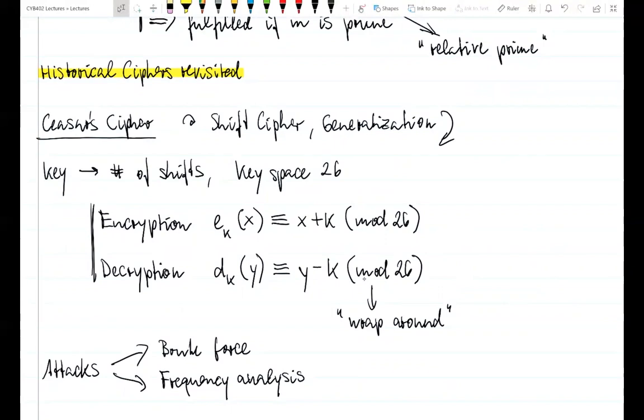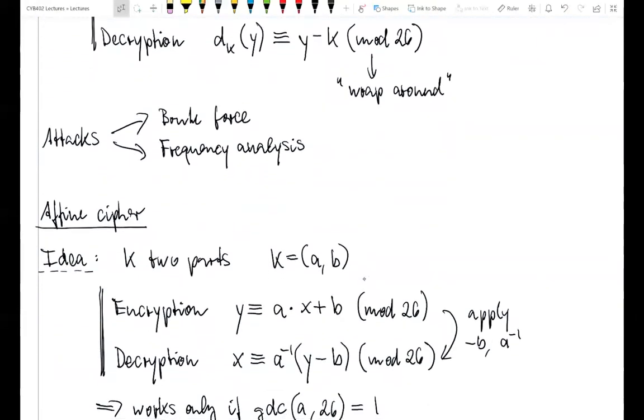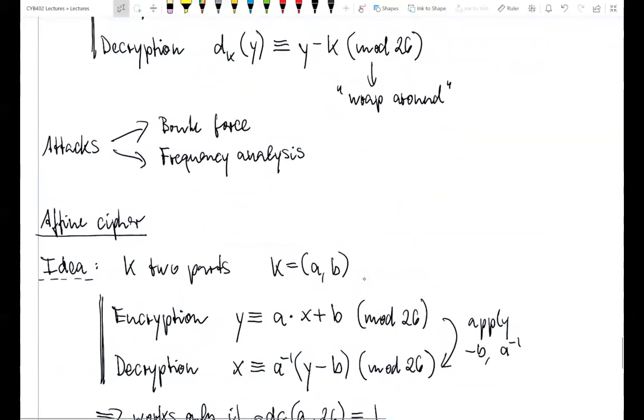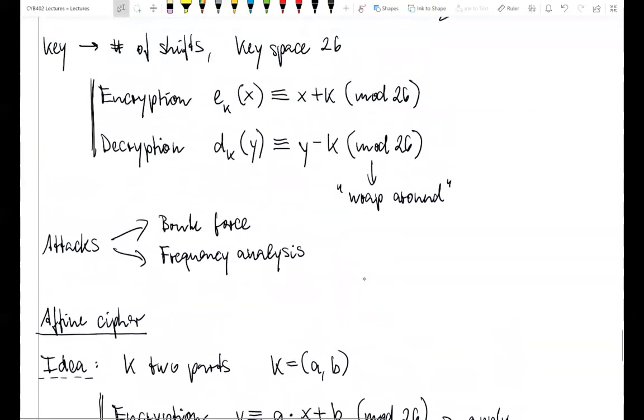And as examples here, we use Caesar's cipher, and we use the affine cipher, which we have not talked about in the historical ciphers, but let's go one by one.